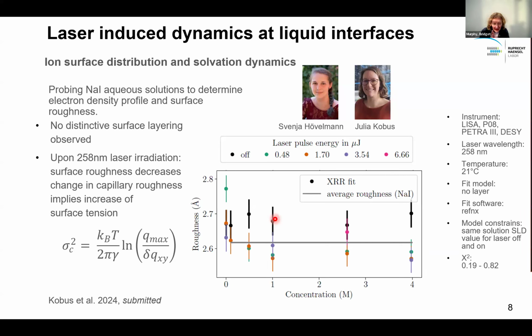So to try and understand that further, we want to look into the time scale and see what's happening, because either something's happening much faster, and then this is the relaxed state after the event, or the polarization at the surface is instantaneous, and then it stays like this.